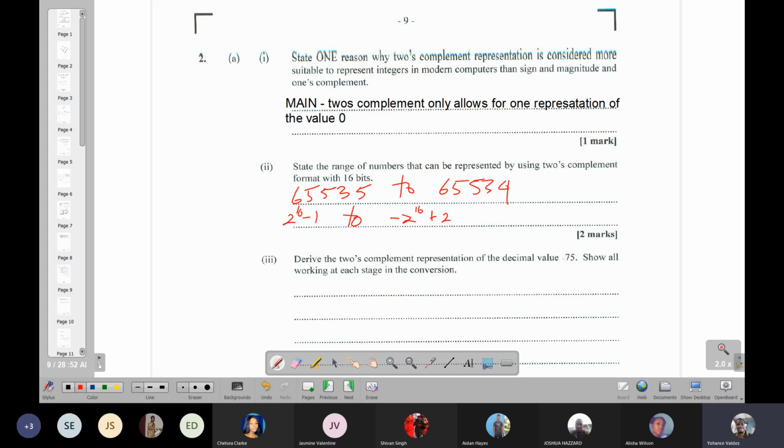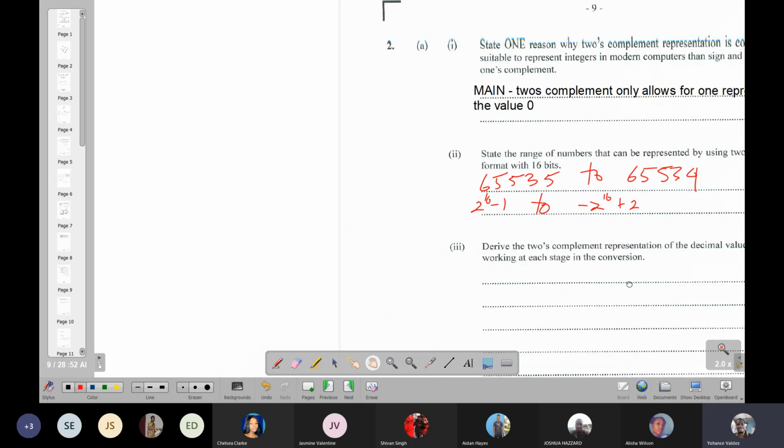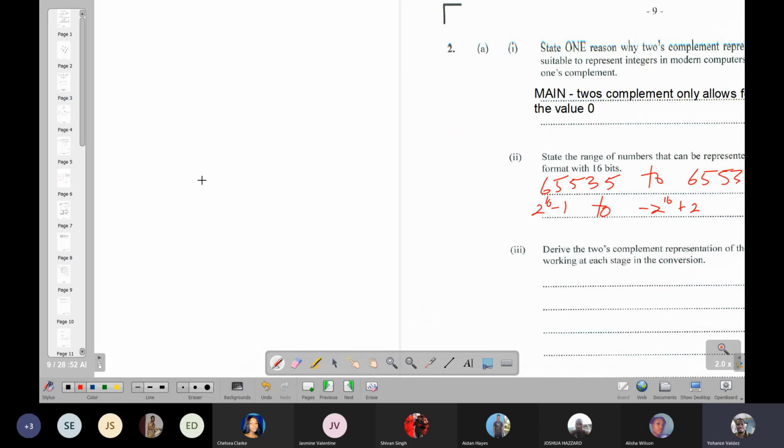2 to the power of 16, which is 65,536, minus 1. Because again, if we have 16 bits, 1, 2, 3, 4, 5, 6, 7, 8, 9, 10, 11, 12, 13, 14, 15, 16, I just need you to trust me on this one, that this would be equal to 65,535.